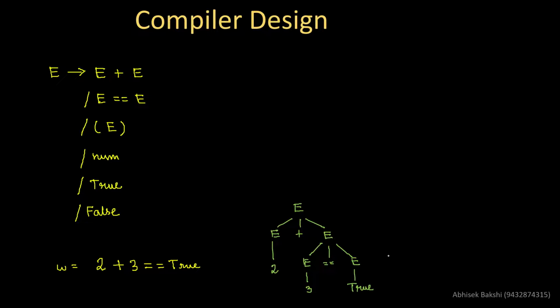But the problem is that because of this particular production over here, 3, how will you compare an integer with a binary variable or a boolean variable? It's not possible to compare. Either both have to be integer or both have to be boolean, right?